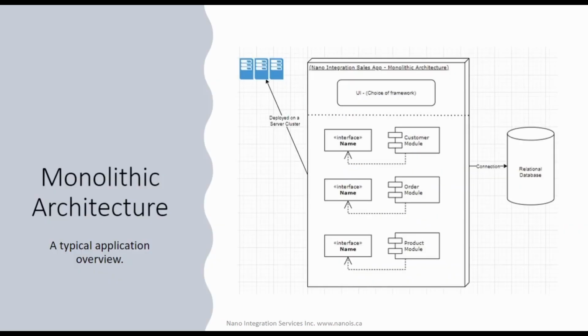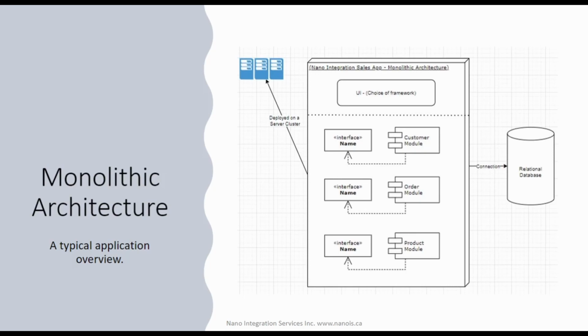So here is a quick overview of the monolithic architecture. This is a sample application. It's a Nano Integration sales app, which has a monolithic app architecture. It has a UI choice; you can have a choice of framework implemented there. And then it has a modular implementation.